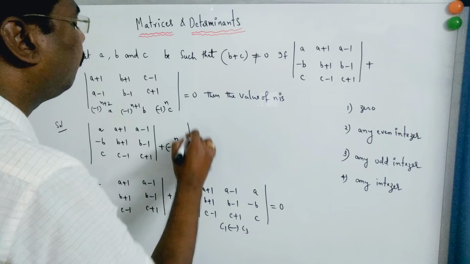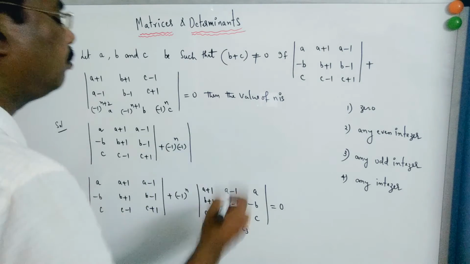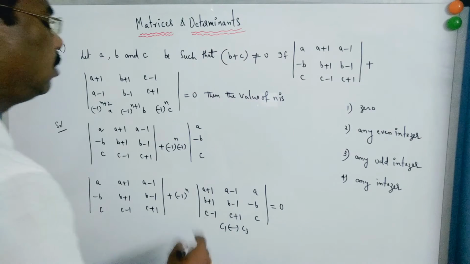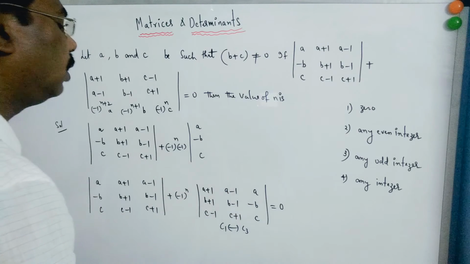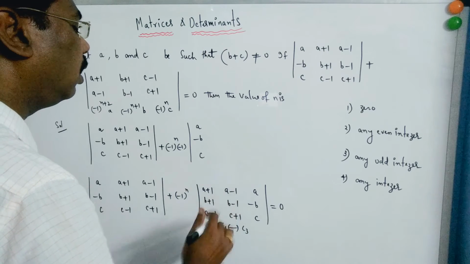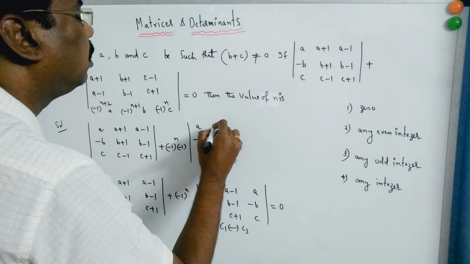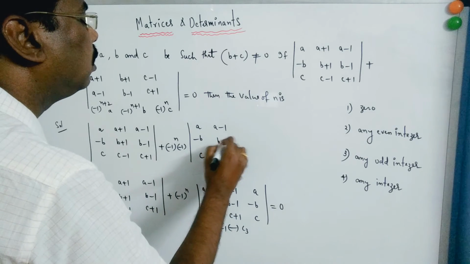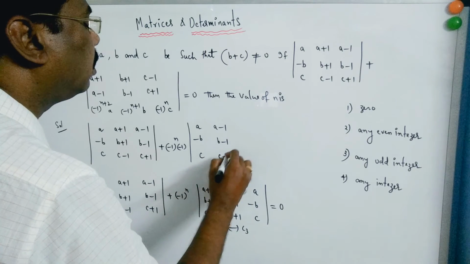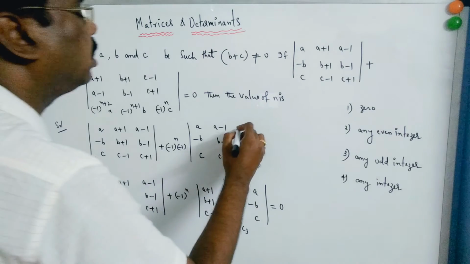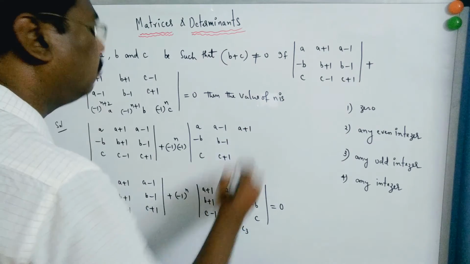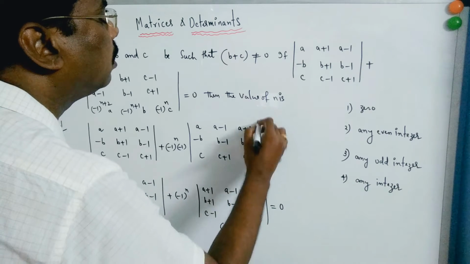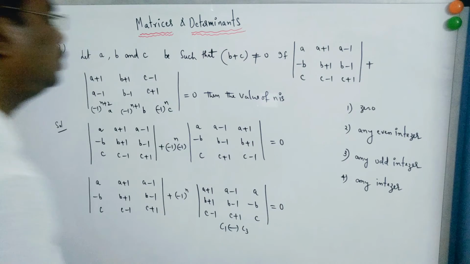Now det of A minus B, C; and A minus 1, B minus 1, C plus 1; next A plus 1, B plus 1, C minus 1 is equal to 0.